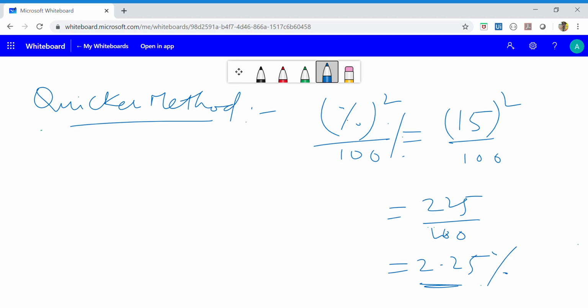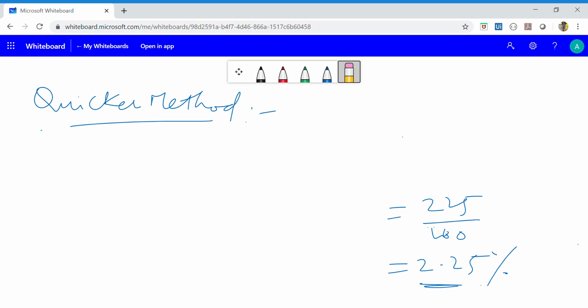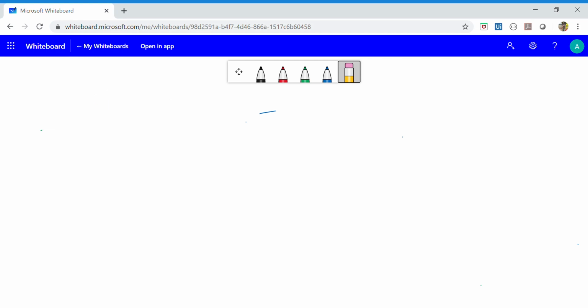Okay. Based on the same model, I will give one more example. Suppose a shopkeeper marks the price of his goods 12% higher than the original price. After that, he allows a discount of 12%. What is his percentage of loss or profit?